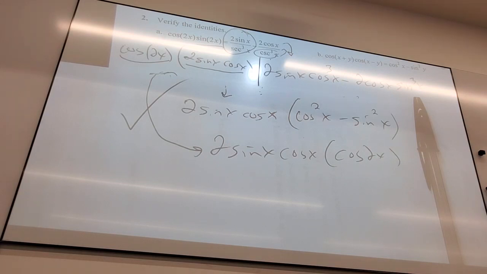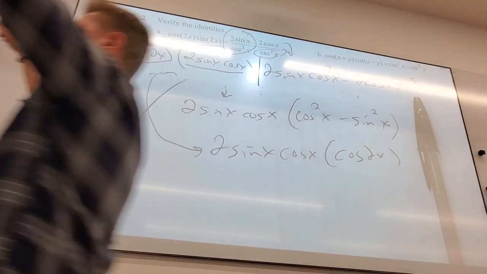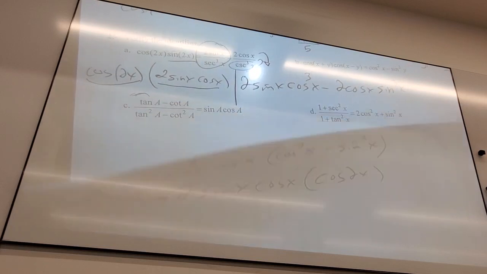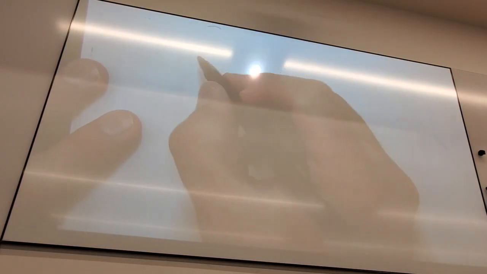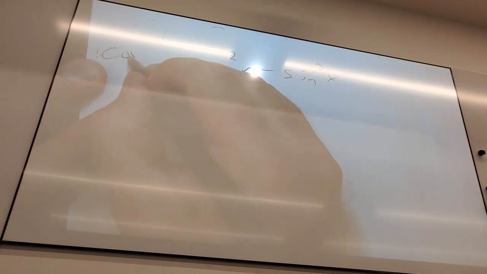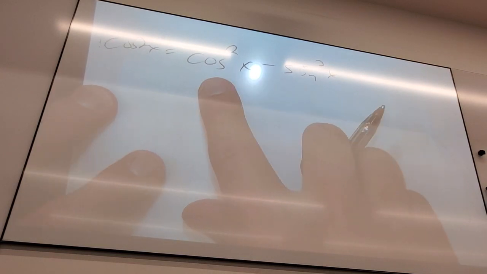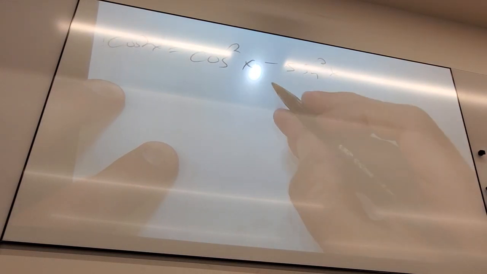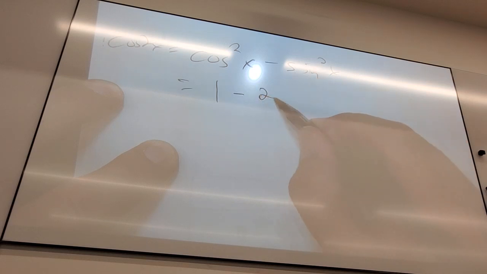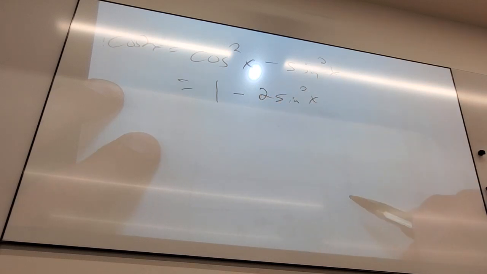But this semester, I actually have memorized this now. I've never had this memorized before, but I feel like I've got it memorized now. I feel kind of silly that I didn't notice something, but I always start here. So cosine 2x is cosine squared x minus sine squared x. This is what I have memorized. Then cosine squared is 1 minus sine squared. There's already a minus sine squared, so it's also 1 minus 2 sine squared x.